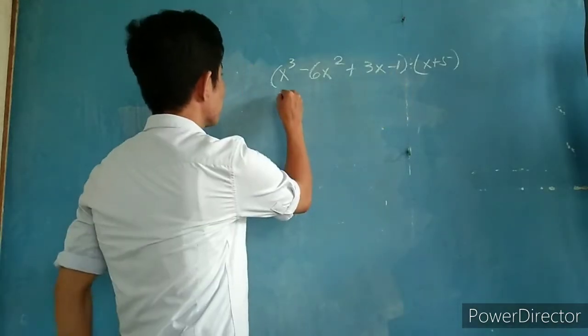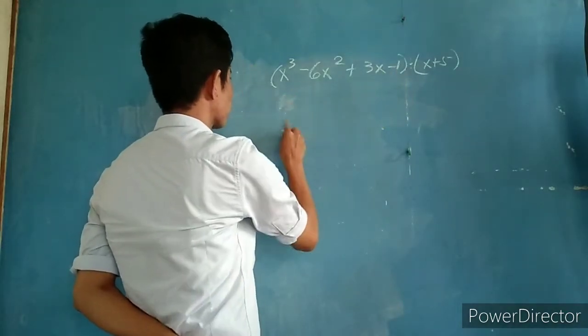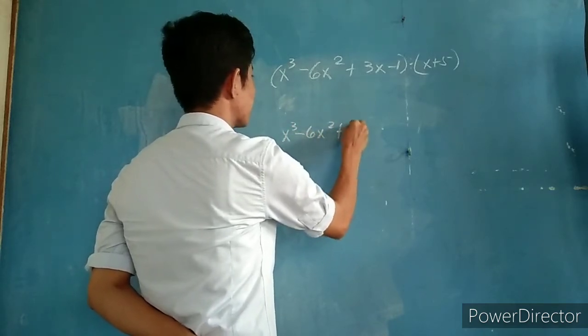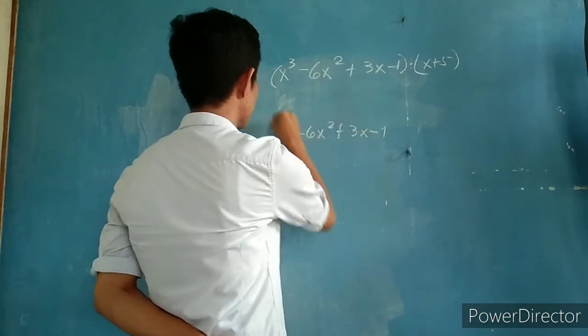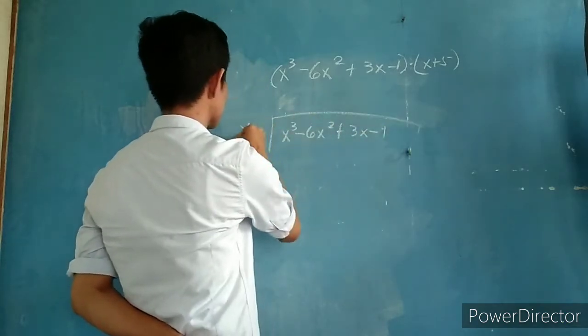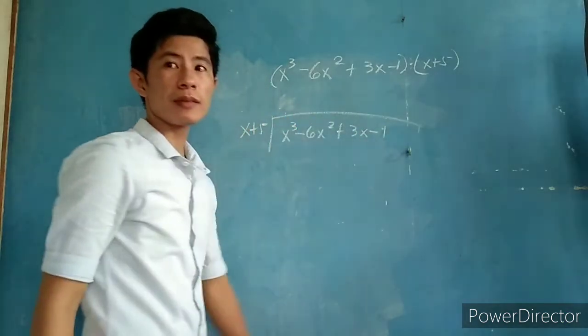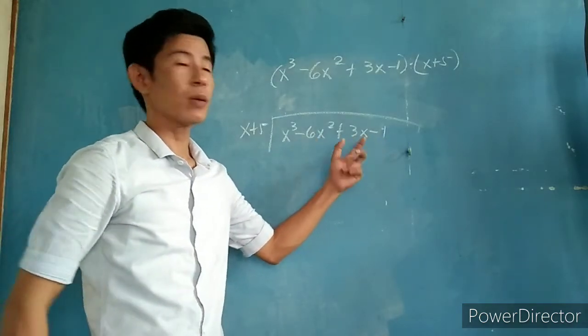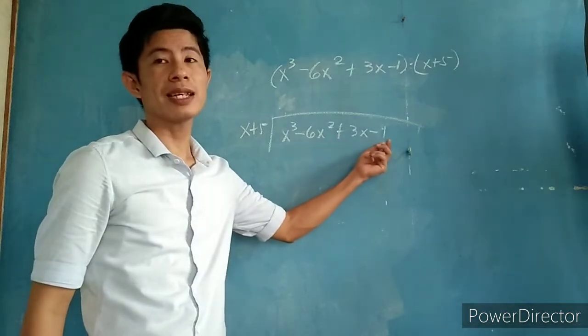So we have x cubed minus 6x squared plus 3x minus 1 divided by x plus 5. Since this is already arranged in decreasing power, we don't need to rearrange this.